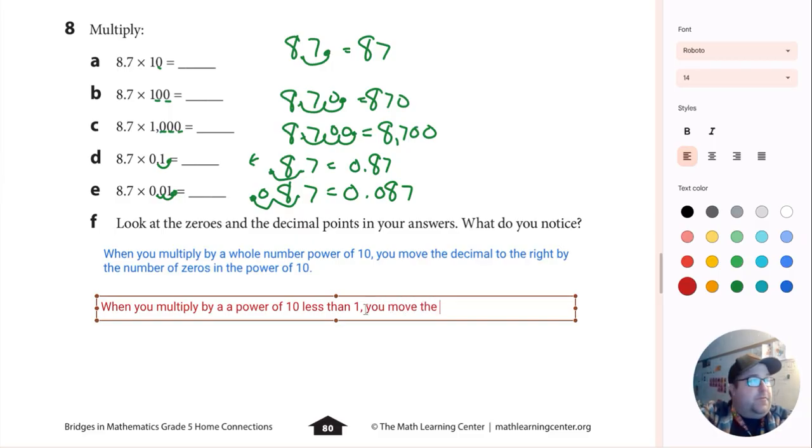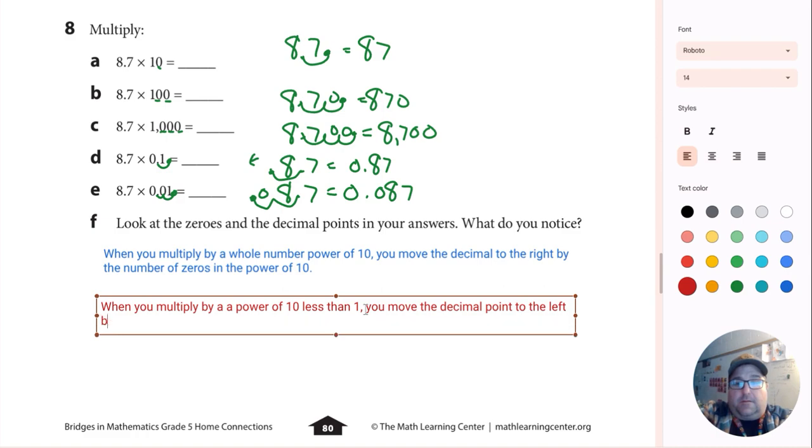You move the decimal point to the left by the number of digits to the right of the decimal.